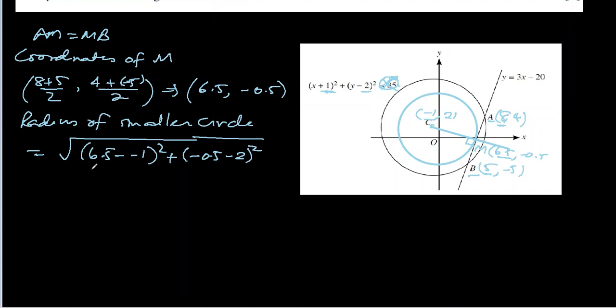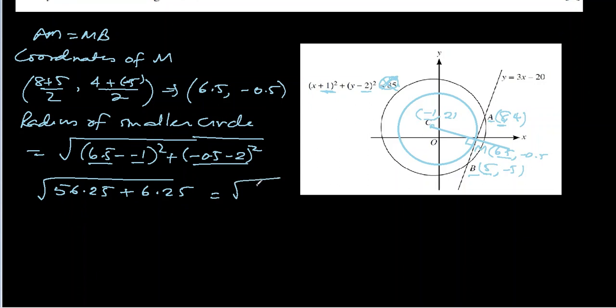So it will be how much? 7.5 squared, which will be 56.25, plus negative 2.5 squared, which will be 6.25, and that too positive because of the square. So if we add these two, we get the square root of 62.5.